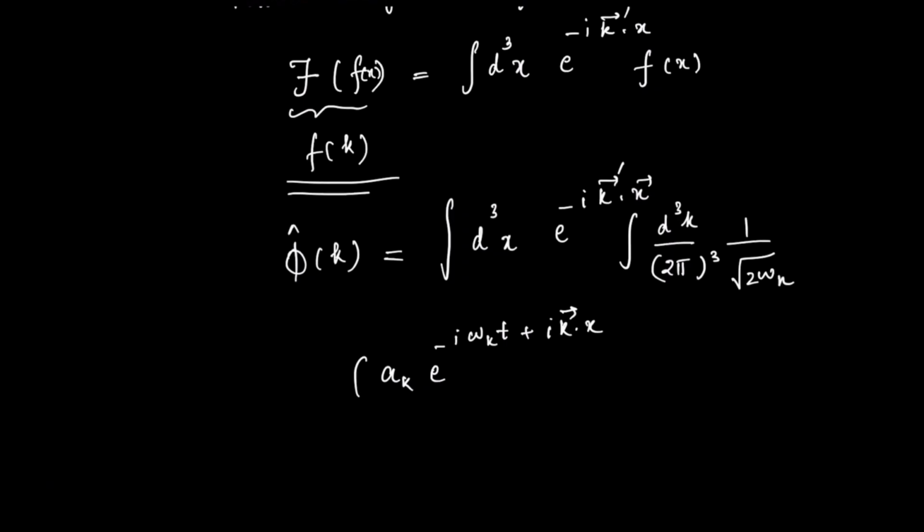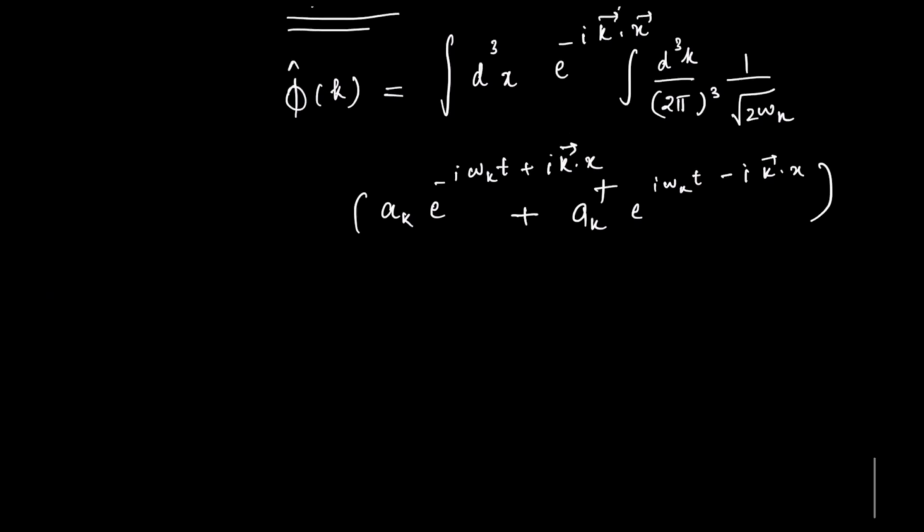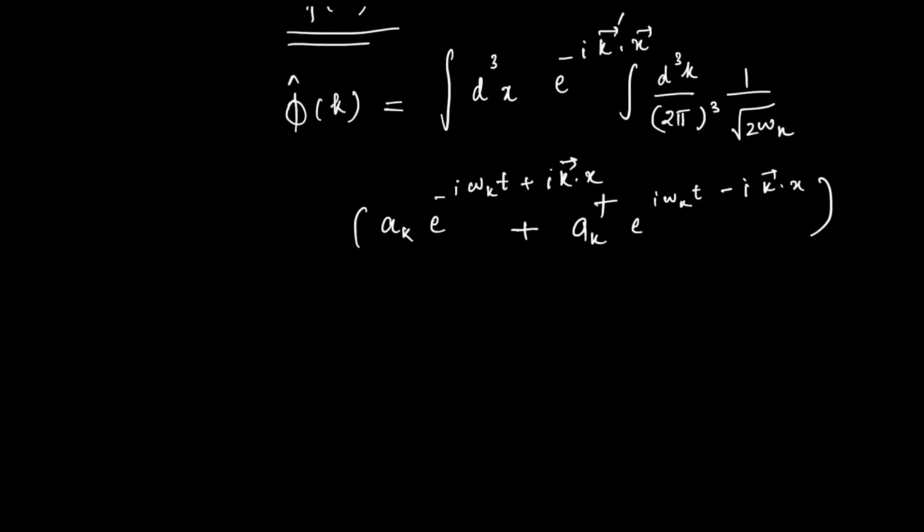Okay, this is u_k of x, plus a_k dagger multiplied by u_k star. u_k star will be e raised to i omega_k t minus i k dot x. Okay, so this is the Fourier transform phi of k. So now I have to solve this equation.